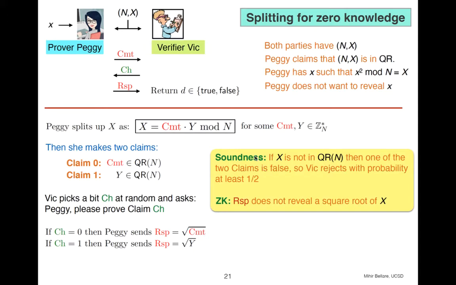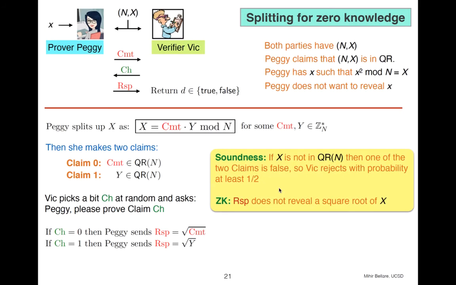But the neat thing about this is that you get the kind of properties we want. If you first start by considering soundness, you see that if x was not a square, by the prior slide, one of these claims is false. So that means that when Vic makes a random choice, with probability half he'll pick the one that's false. And then Peggy is stuck. There's just nothing she can do to reveal a square root. So with probability half cheating will be caught.